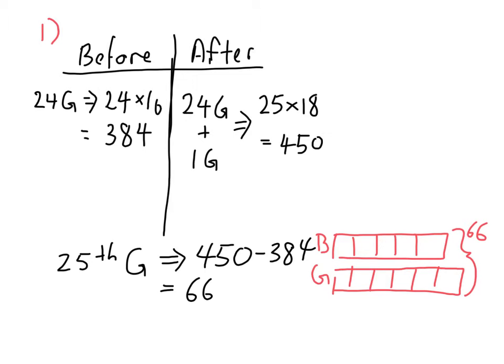So 11 units is 66. 1 unit is 6. 5 units is 30. Sorry, then 6 units will be 6 times 6, which is 36. So like that, okay?